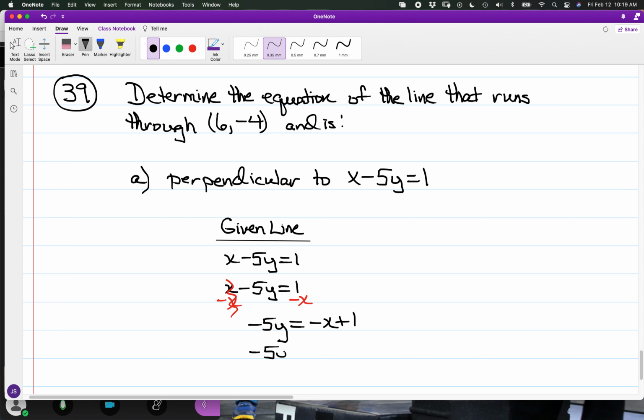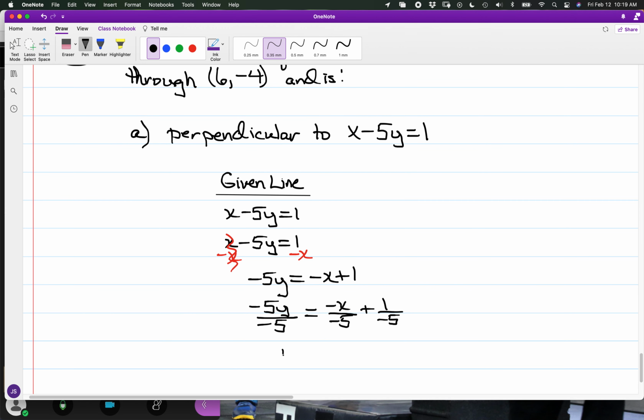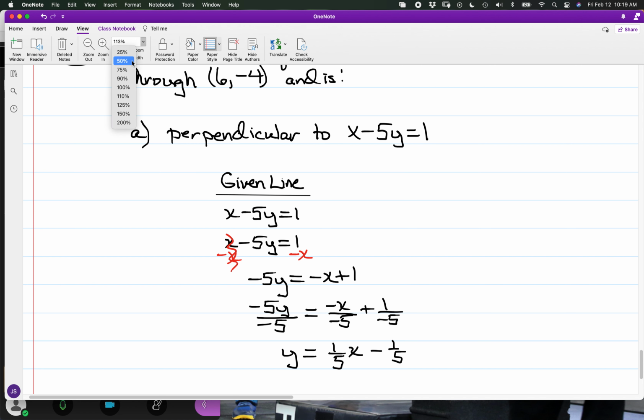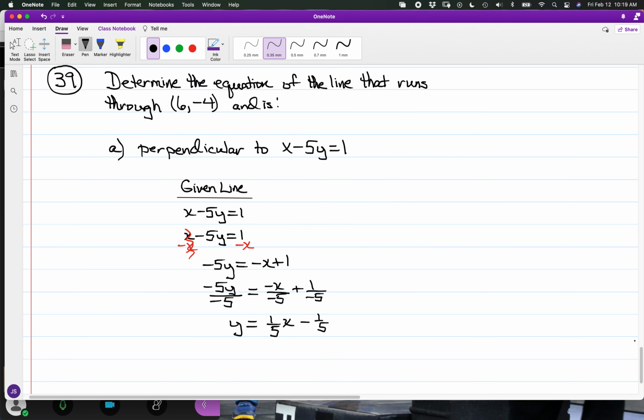Upon dividing by negative 5, we're going to have y is equal to negative x over negative 5, so this will be a positive, so you have 1/5 of x, and 1 over negative 5, so you have a negative 1/5. So we have the slope for the given line to be 1/5.